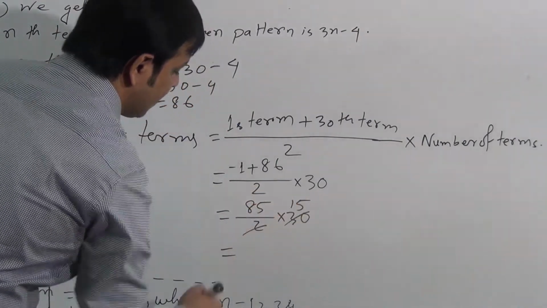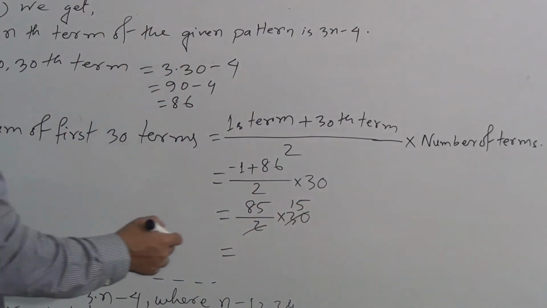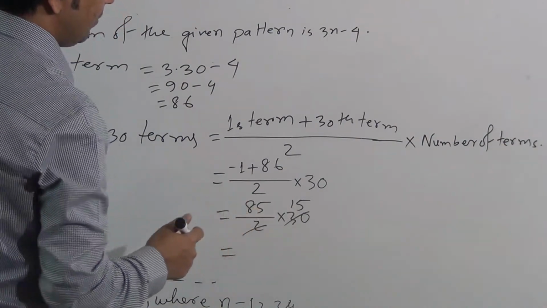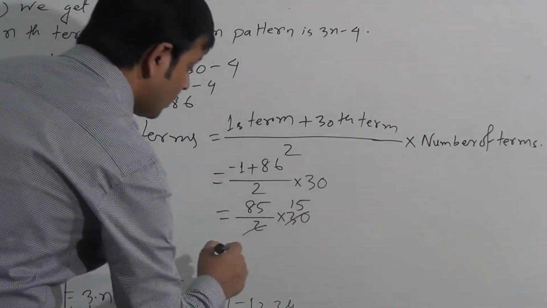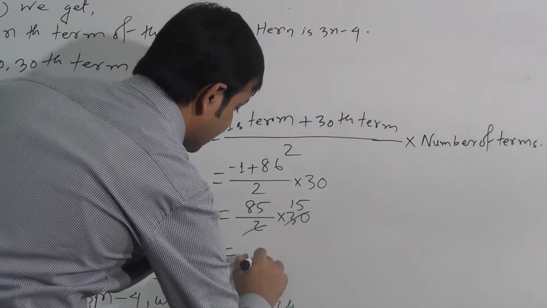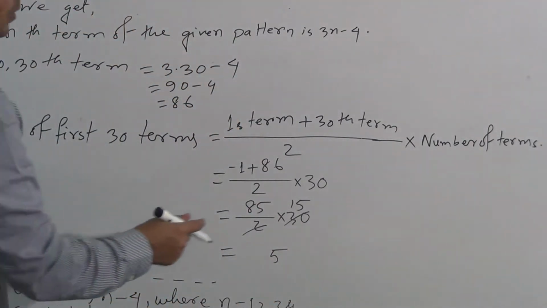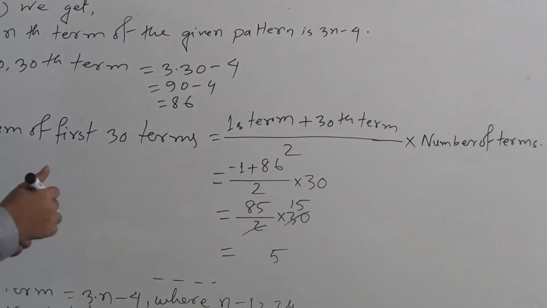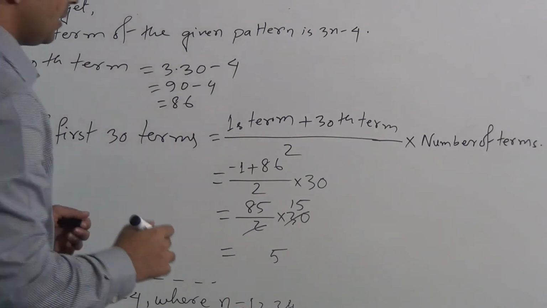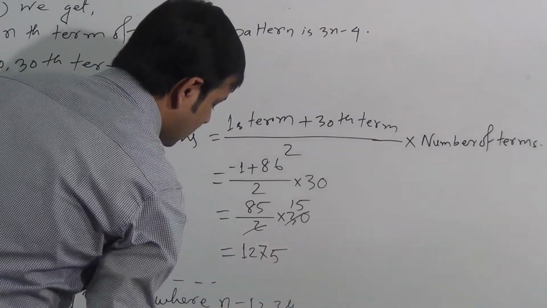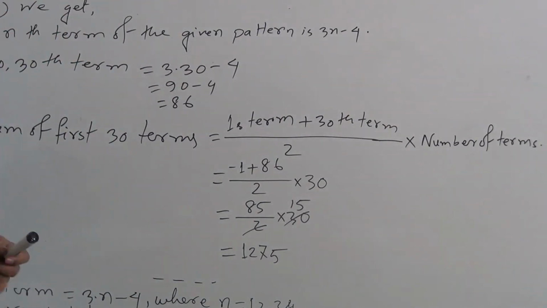So we have to multiply 85 and 15. In short, we can multiply 15 and 5. 5 fifteens are 75. So we write 5 here. 7 left, 8 fifteens are 120. 120 and 7, 127. Okay dear students, so our required sum is 1275.